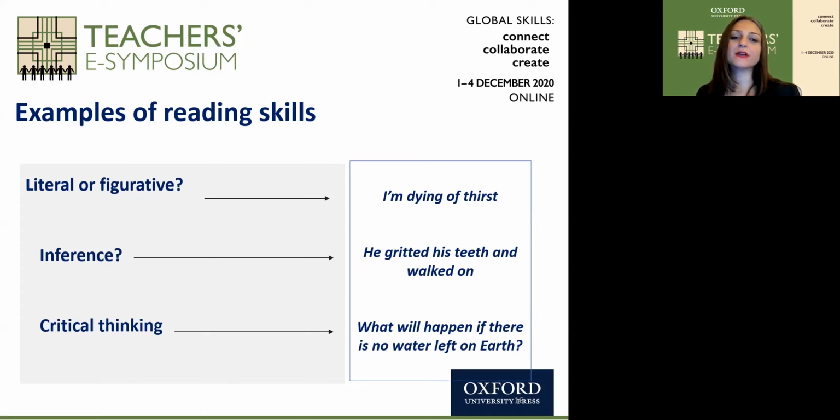If we have a statement like he gritted his teeth and walked on, you might want to ask the students, when do people grit their teeth? You might want to demonstrate what gritting teeth really means, and then, once you've demonstrated it and helped them understand the meaning of the phrase gritting teeth, you can move on to asking them, under what circumstances do people do this?